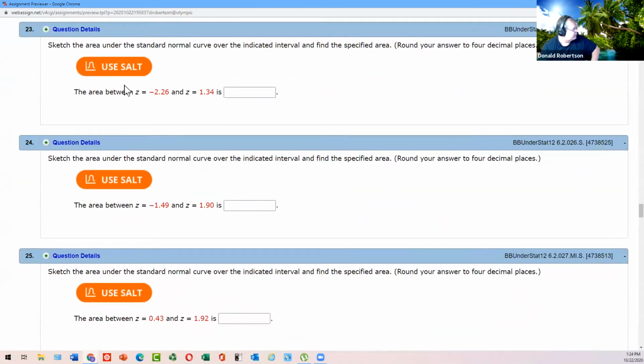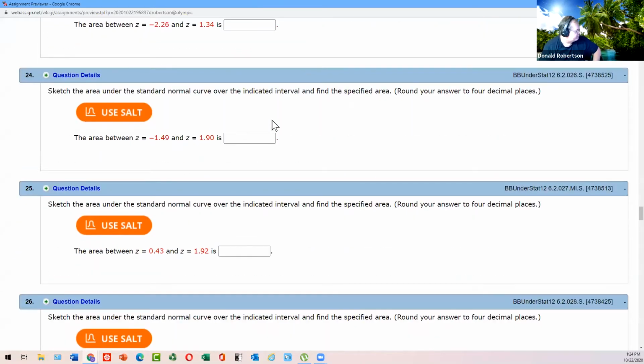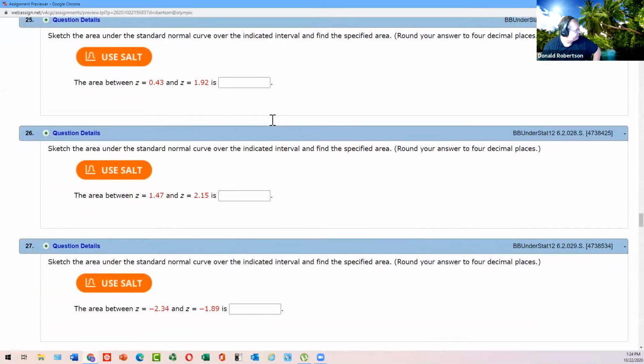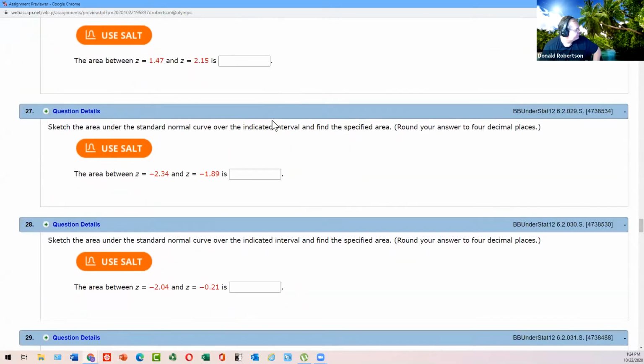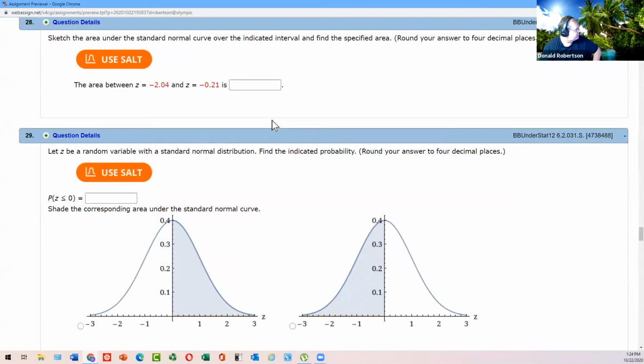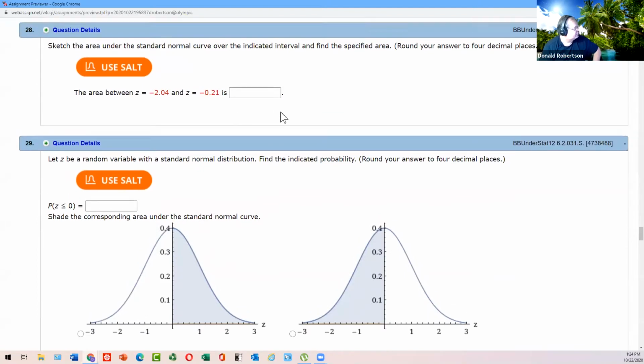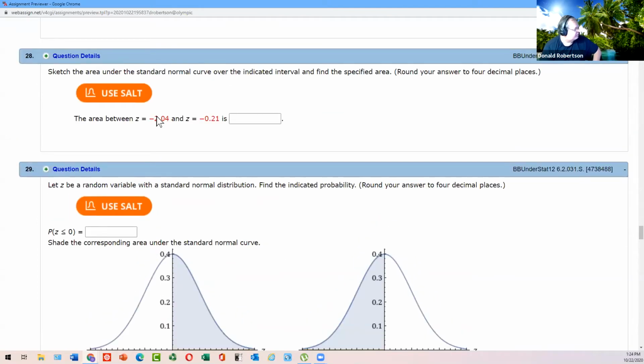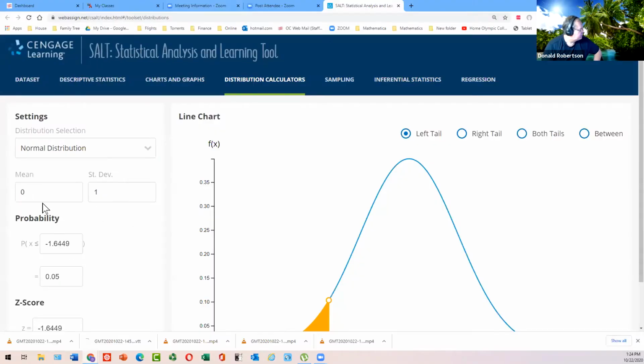Now this is me doing, I don't know, -2.04 and -0.21. Negative, better write this down. So I'm going to hit the software, and now I'm going to go between.